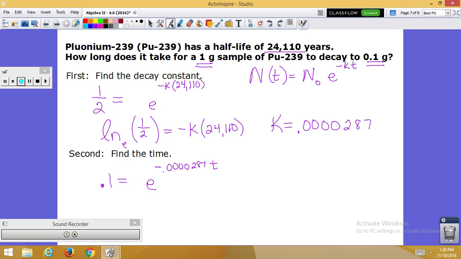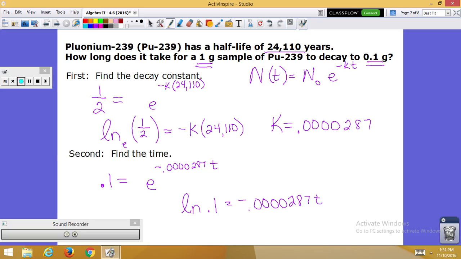If this was a number other than 1, I'd divide by it, but since it's 1, I'm going to just eliminate it. And now again, to solve for an exponent, we're going to switch it to a log. So we're going to switch this to natural log of 0.1, I could write the base e, but I don't have to, equals negative 0.0000287t.